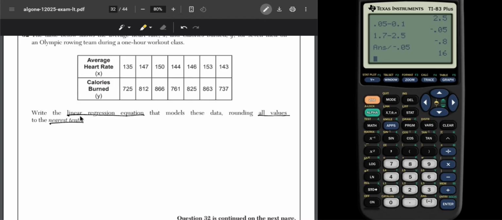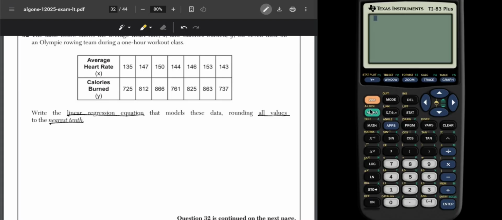Before I put anything into my table of values, when I reset my calculator, and your calculator is going to be reset during your examination, and I know we're not up to this question, but what you want to do is turn your diagnostic on, because your diagnostic has been off when you reset your calculator.